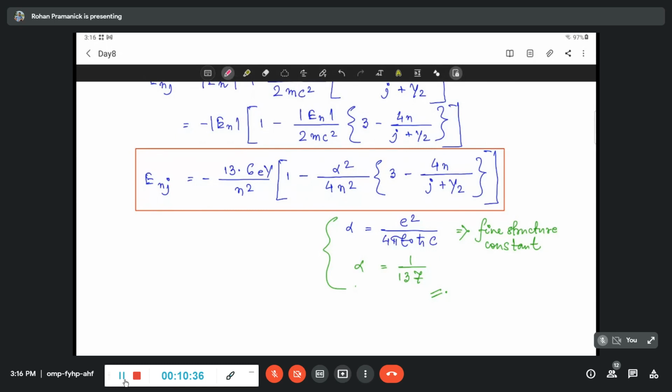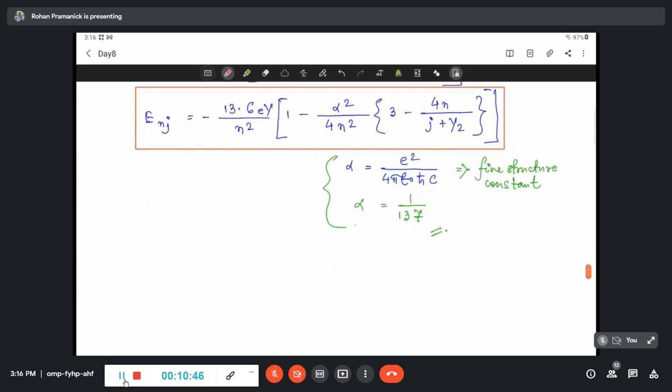And there is a crucial factor of alpha, which is known as the fine structure constant, and it is very important in certain branches of physics. This value is very small.